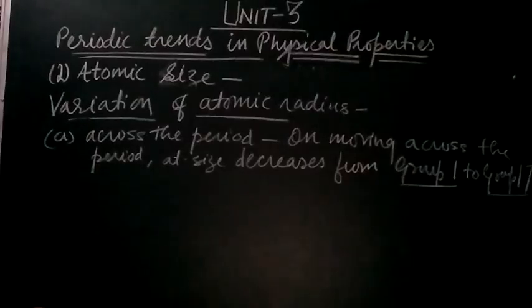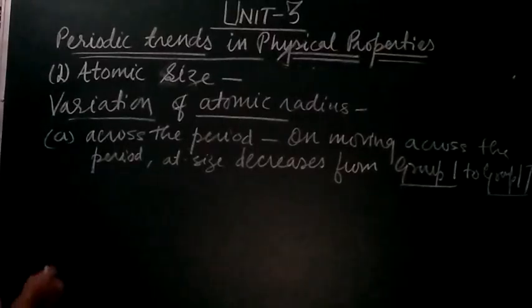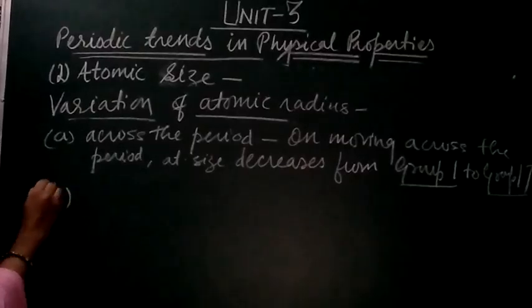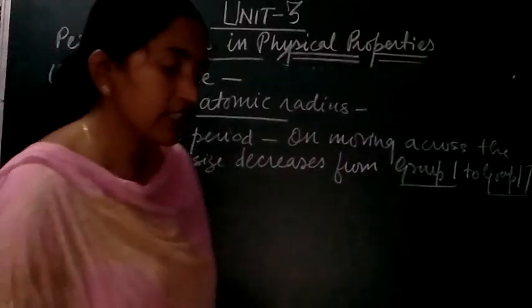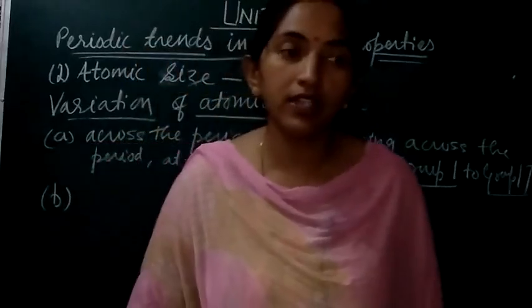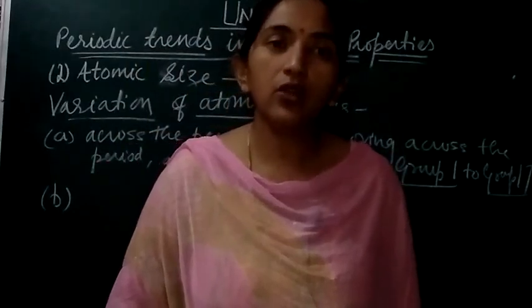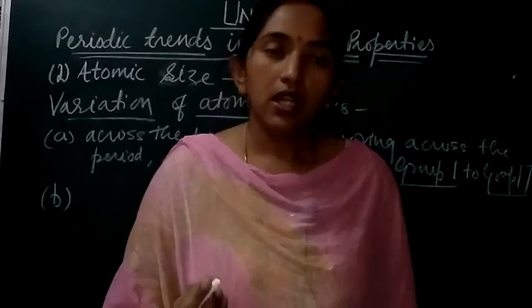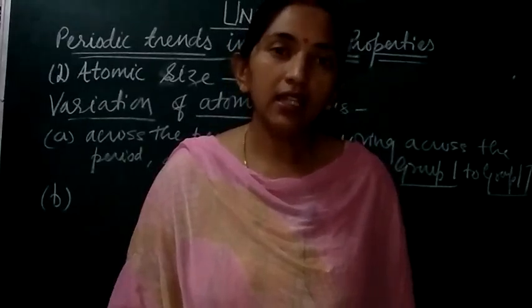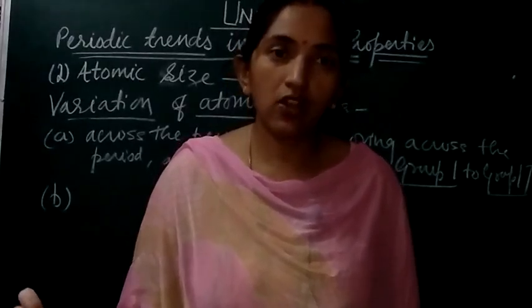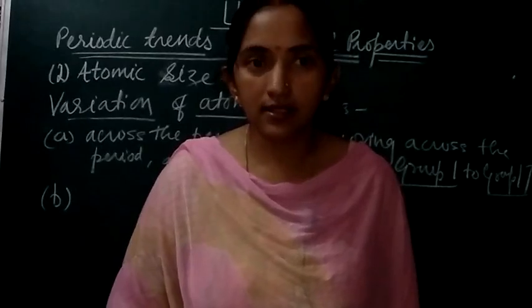Therefore the effective nuclear charge increases and the shells are being pulled in. Right, students? So on moving across the period, there is decrease in the atomic size because due to increase in the nuclear charge, definitely there is increase in the number of electrons also by 1 unit, right? But the magnitude of the nuclear charge which has been increased in the nucleus dominates, and the electrons on the outermost shell are pulled in, so as a result the size decreases, right?